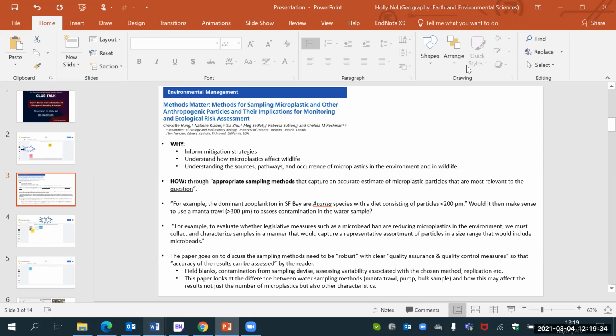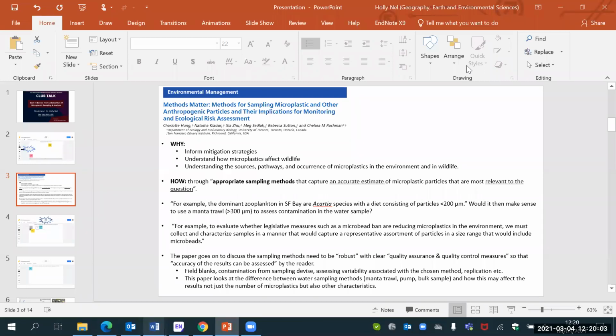So it gives a few examples, and one of the examples that I really liked is that if you're trying to investigate the effect of microplastics on a dominant copepod in an estuary, and you know that the copepod only feeds on particles less than 200 microns, does it make sense then to take a sample with a manta trawl that will only collect microplastics above 300 microns?